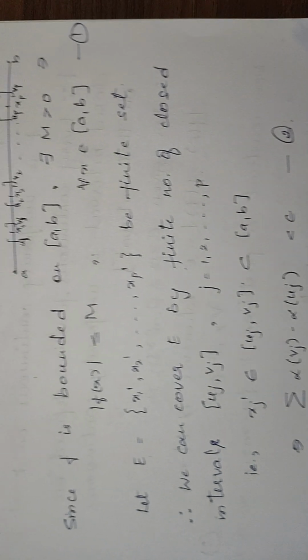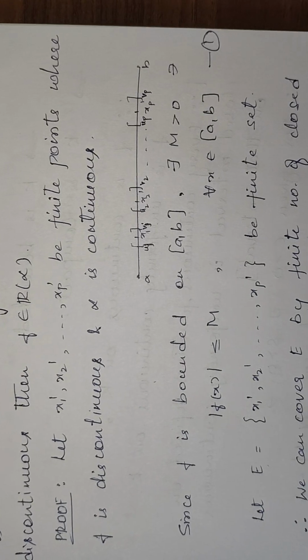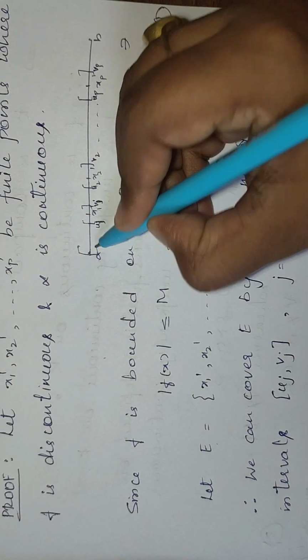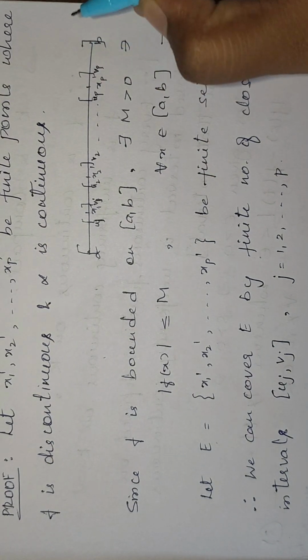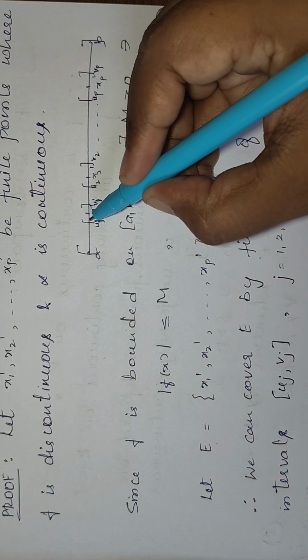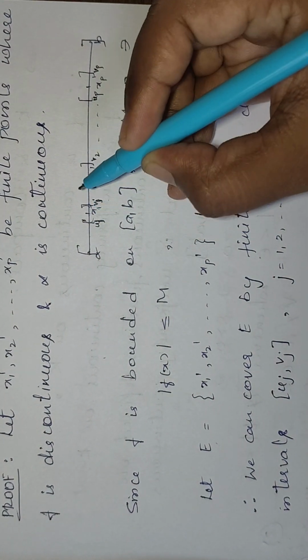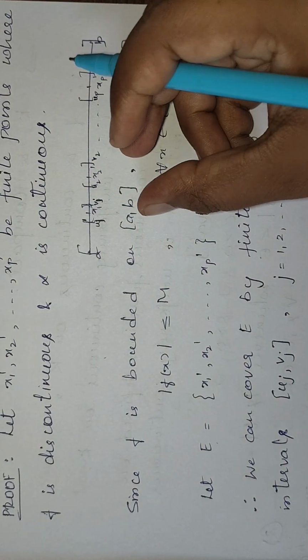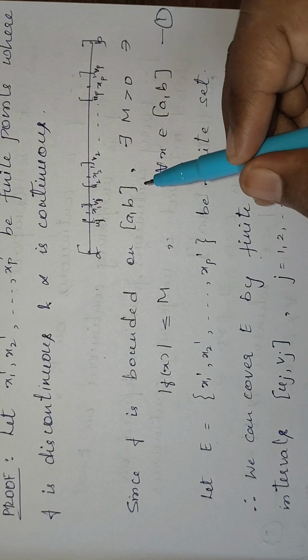See, here what I am doing: this is the closed interval [a, b]. Here I am removing these small intervals (u1, v1), (u2, v2). Because of these only, f is discontinuous.